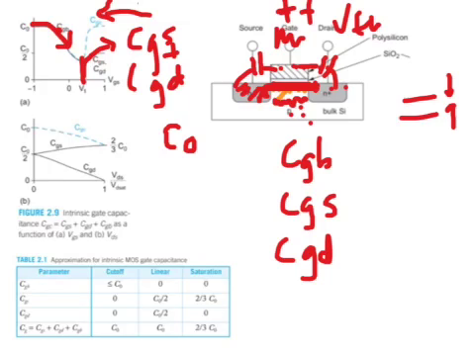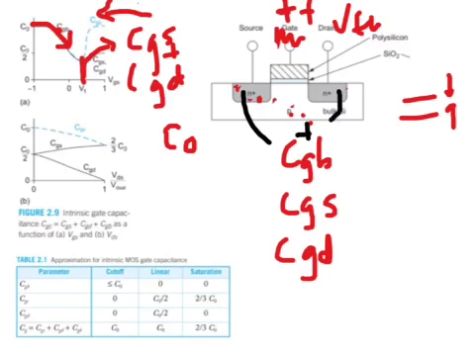Now something interesting also begins to happen as we begin to apply a positive voltage across the drain to source. We know that when the channel is formed, applying an increasingly positive voltage at the drain would result in a pinching off of the channel.